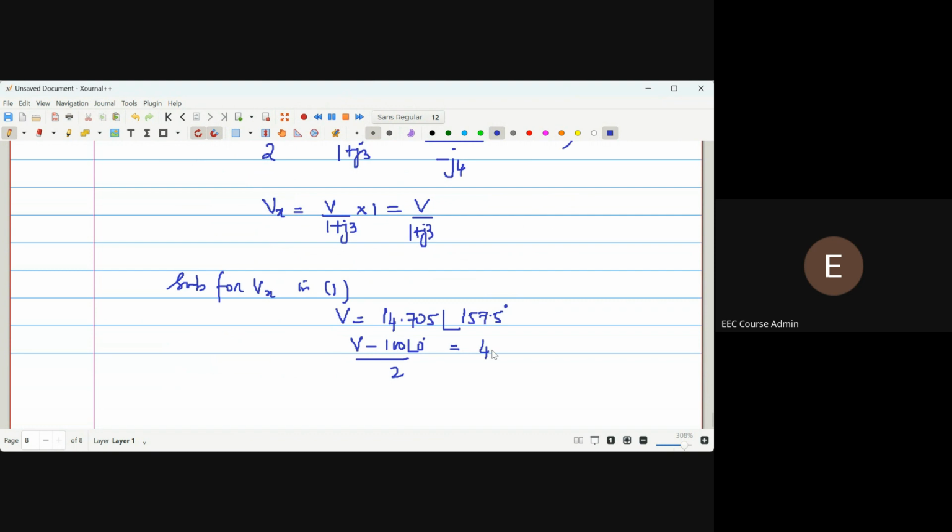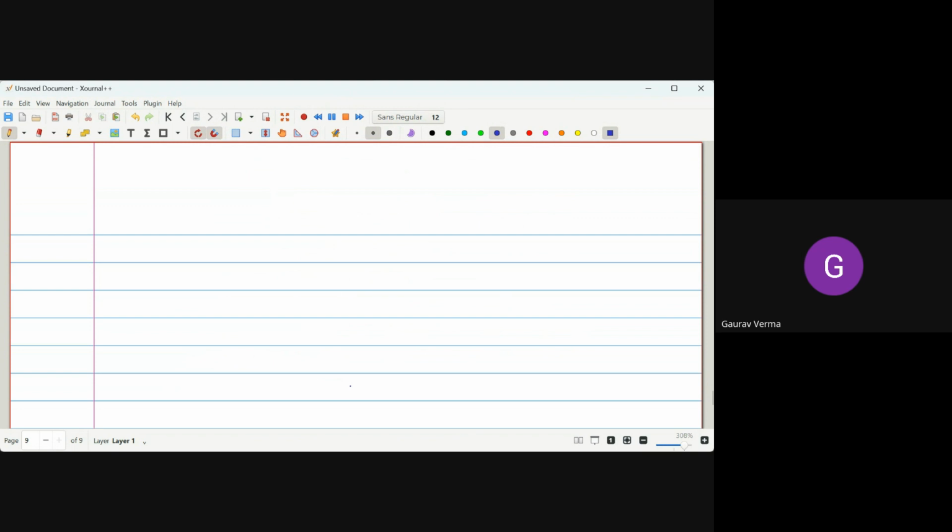That will result as 43.29 angle 3.7. Current flowing out of the source. With that you will get power delivered by the source as 100 into 43.29 by 2.